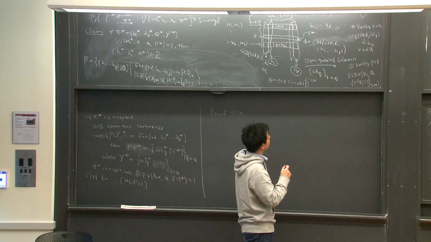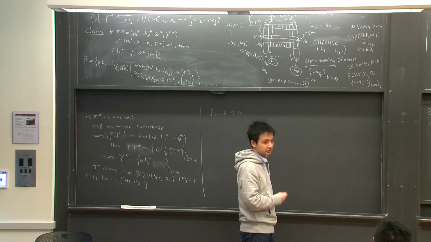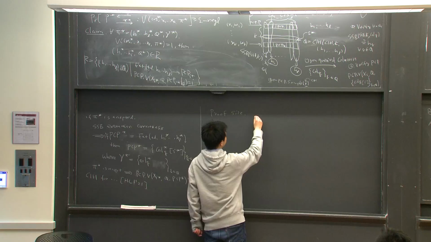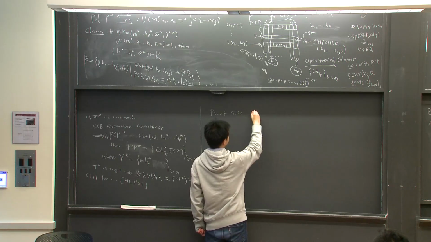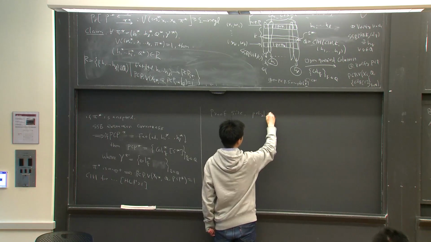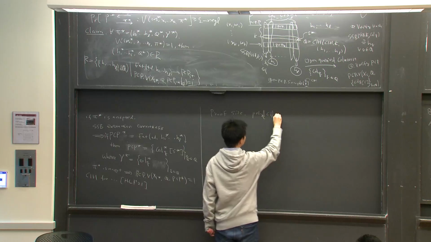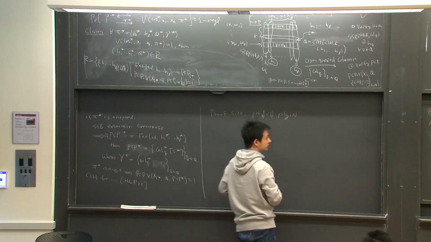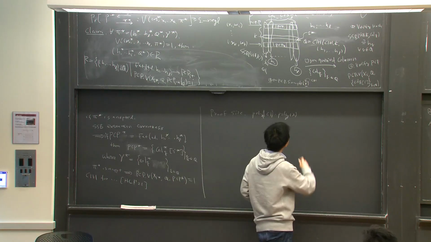You can think each hash value is also an FHE ciphertext, so it's poly lambda bits. In total, the first round message consists of poly C times poly L, but it's independent of K.